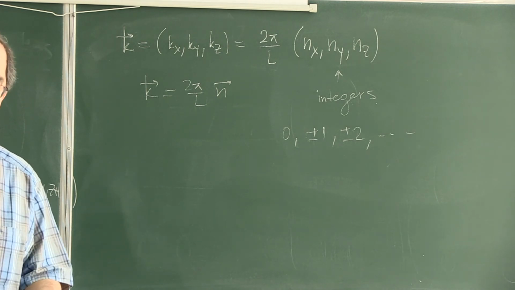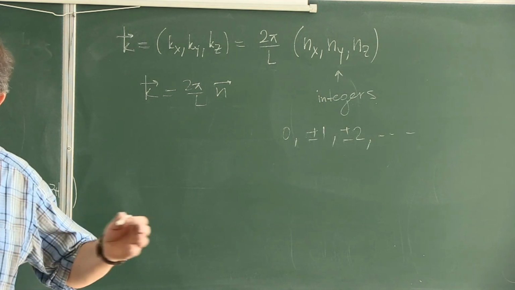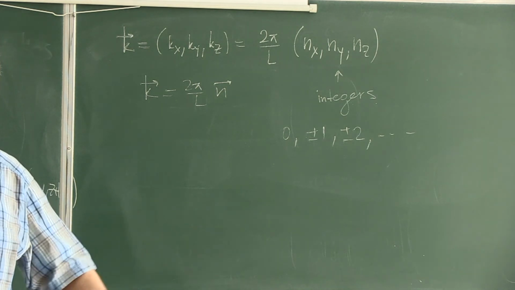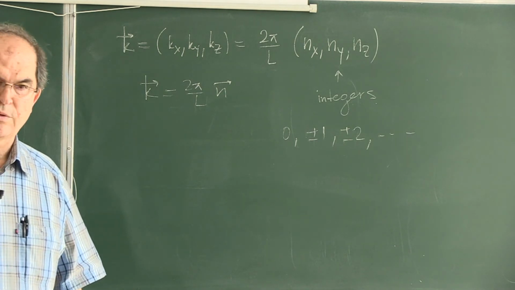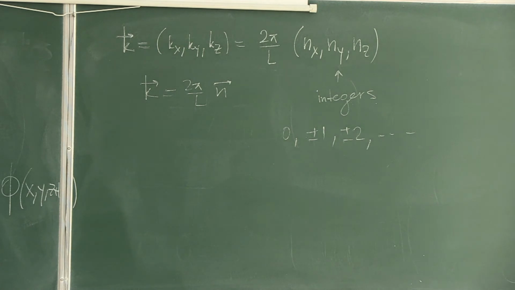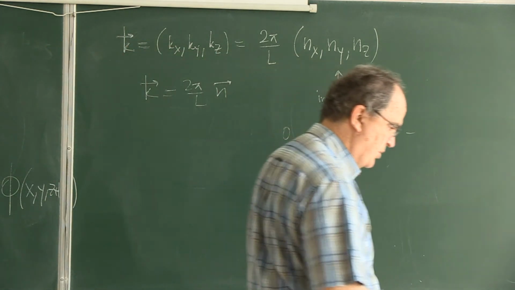Now that's the reason for quantization, isn't it? If you take that region very large, you don't have any quantization. Those states become continuous states. Okay? Differences between energy levels are quite small.